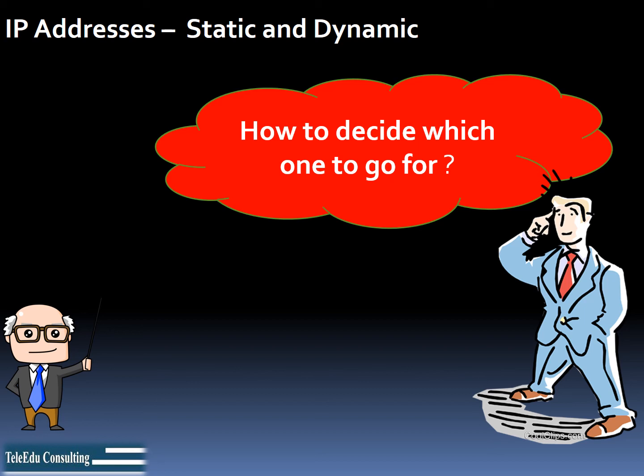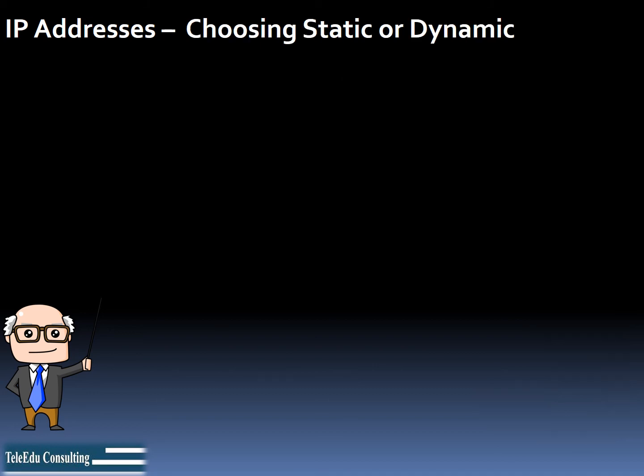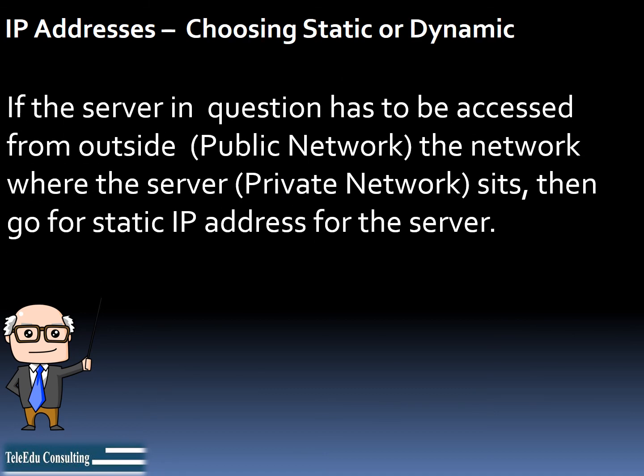Now, how should the user decide which IP to go for, static or dynamic? Let me explain static IP first. If the user has a requirement to access the device or his computer at his office from a network outside of his private network, that is, from the public side, might be his home, then he has to request a static IP from his service provider.